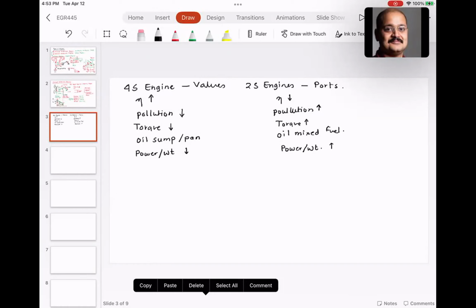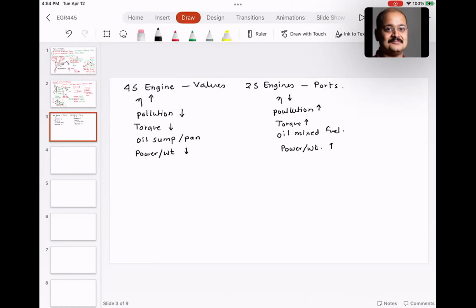So for an example, the boxer engines that are used in some motorcycles, they are two-stroke engine because they are designed for reliability, for lasting a long time, and more power output.